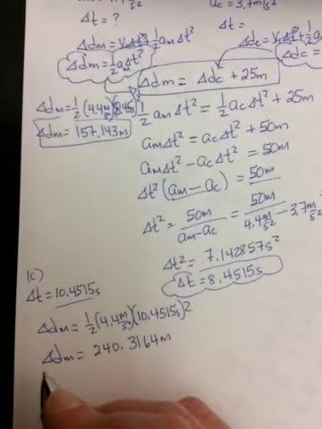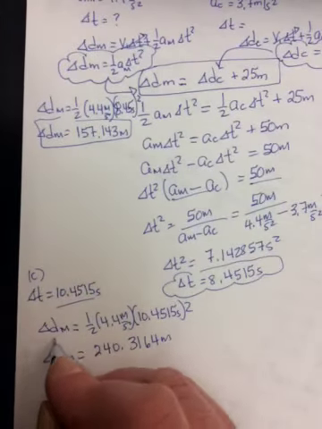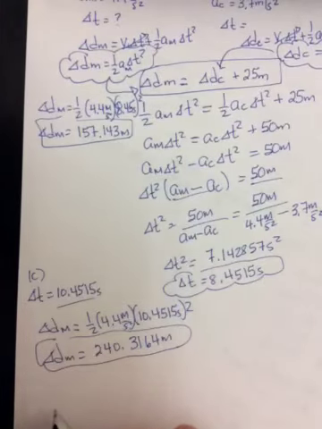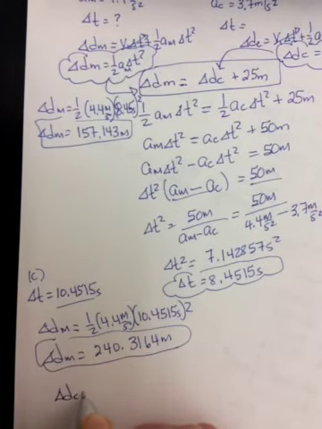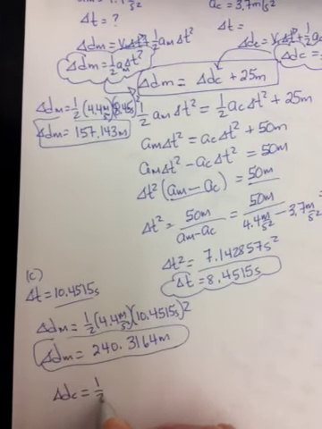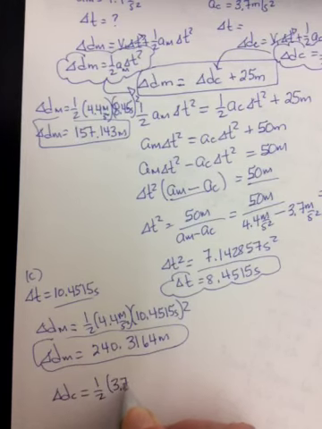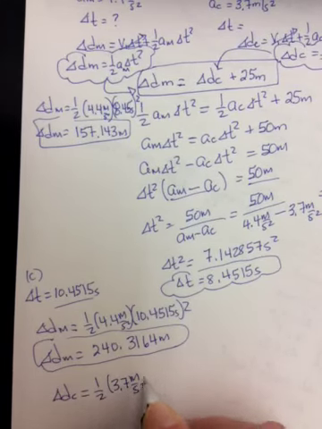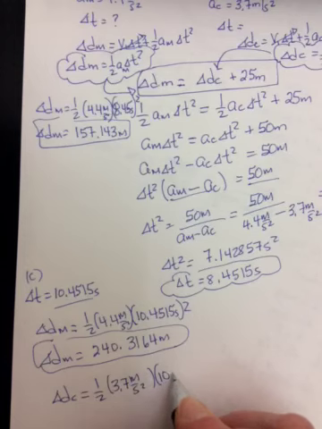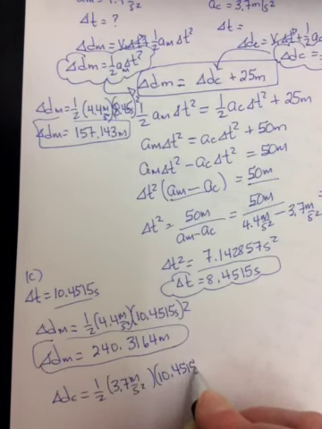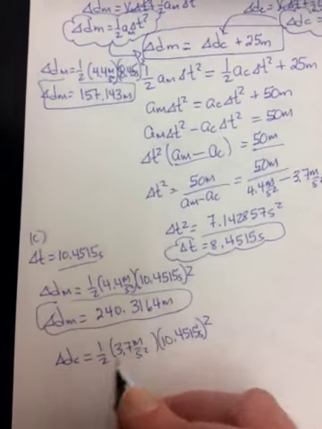This is the motorcycle. Now you need to do the same thing for the car. So it was 1/2 times 3.7 meters per second squared times 10.4515 seconds squared.